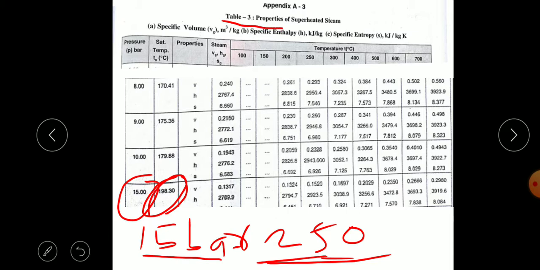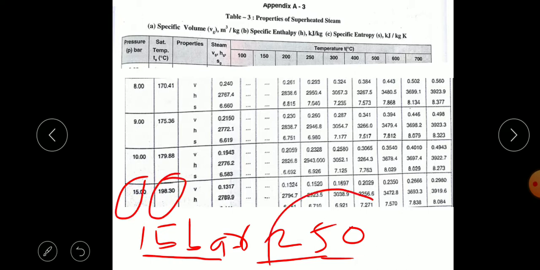So we use the properties of superheated steam. Corresponding to 15 bar, the saturation temperature is 198 and the given temperature is 250 degrees centigrade. So 250 is more than 198, meaning the steam is superheated steam. So we have to use the properties of superheated steam.